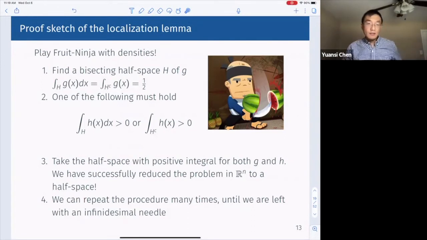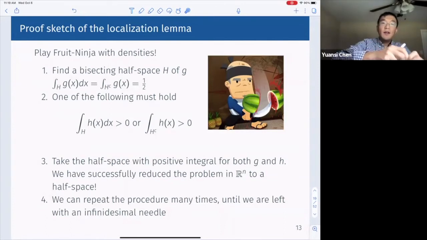It requires some work to show that this is a process that actually converges, and you will end up with an infinitesimal needle. If the effective dimension of the space is still larger than 2, you can still do this trick: find a point, hyperplane, and rotate.